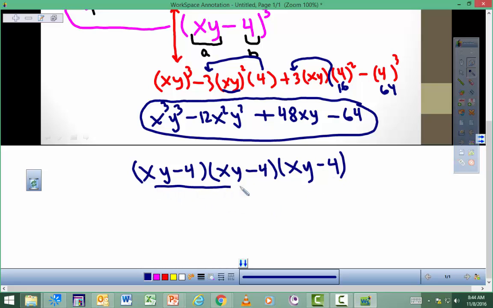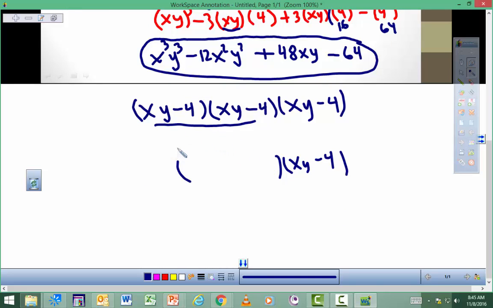And then you could multiply this all out. And then you could combine like terms. And then you could have taken this whole big thing and multiplied by the last one here, xy minus 4. Okay, if you insist, you can do it the long way.